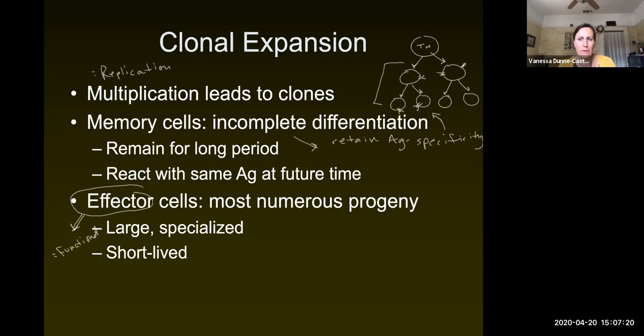And this is how we have this highly specific response in the adaptive immune system, because of this retention of antigen specificity, which means the same T cell receptor. And so even for these memory cells that hang out for a long period of time, they can react with the exact same antigen in the future, and their steps towards activation is much, much faster. So actually within minutes to hours of having that antigen, same exact guy come into the body, they will react and they will form a response.